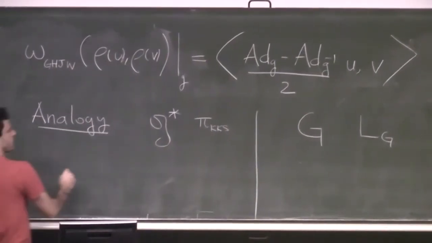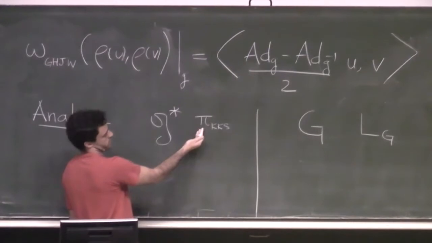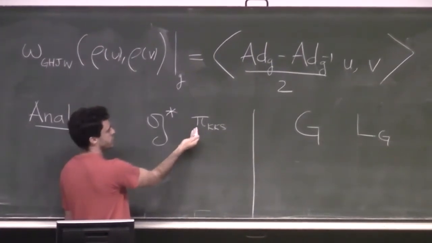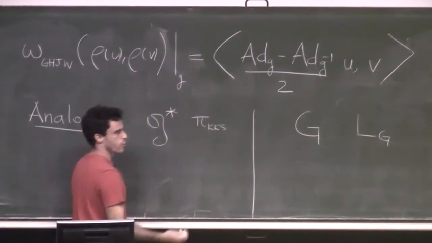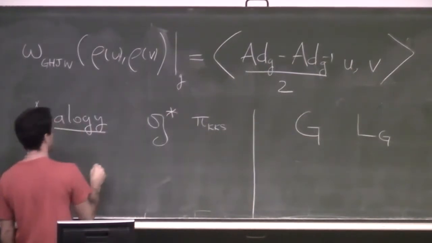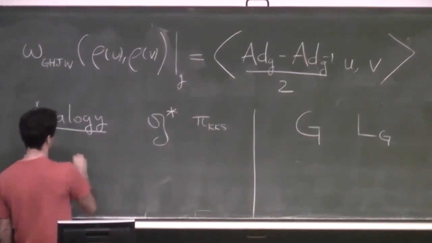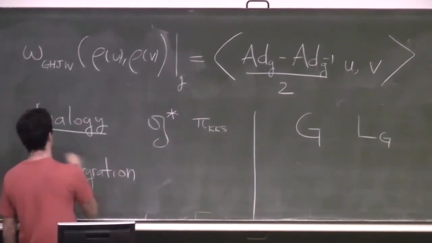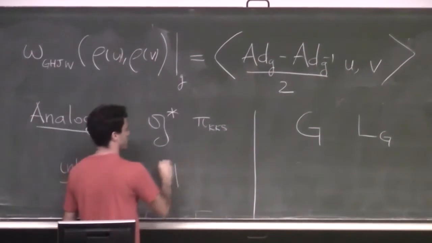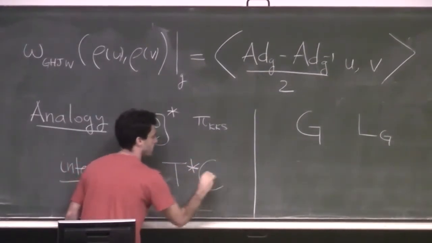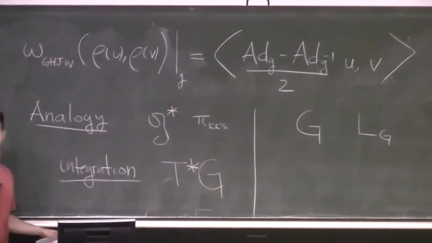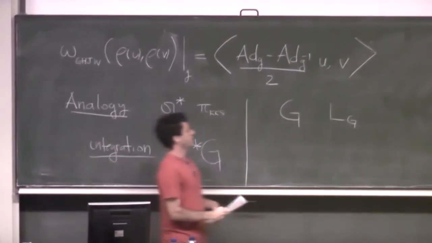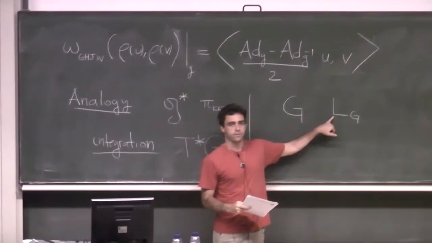And let's talk about this. In the same way that a Poisson structure, we now see, is a piece of infinitesimal information that you can integrate to a symplectic groupoid, and you know in this case what the symplectic groupoid is. In this case it's just the cotangent bundle of the Lie group, right? But now you can also wonder what the integration of this object is.